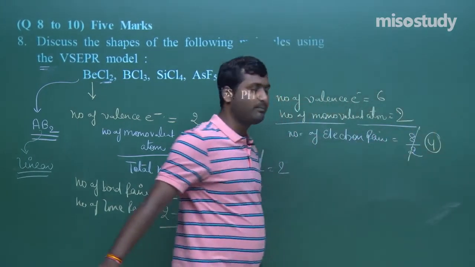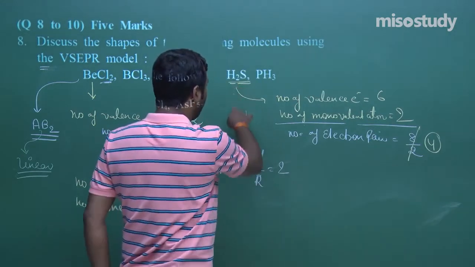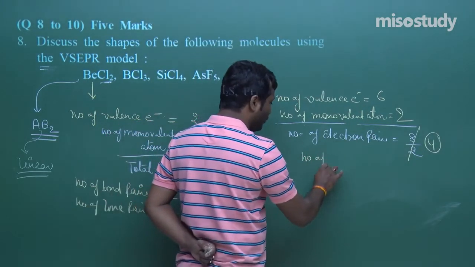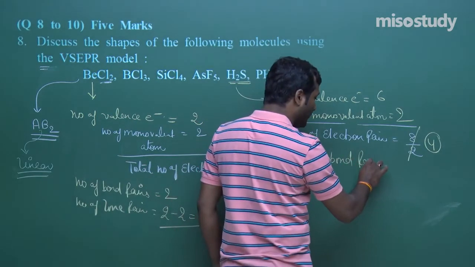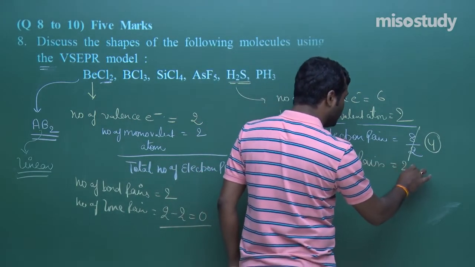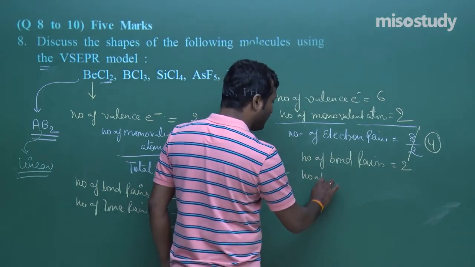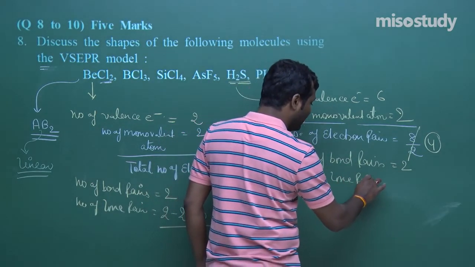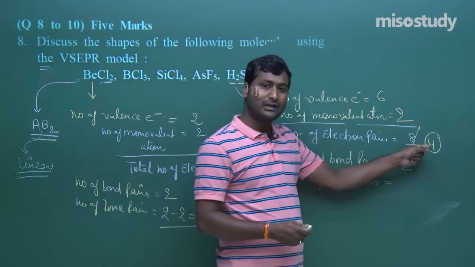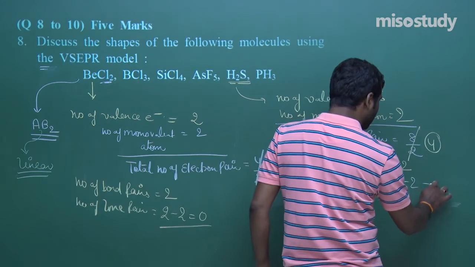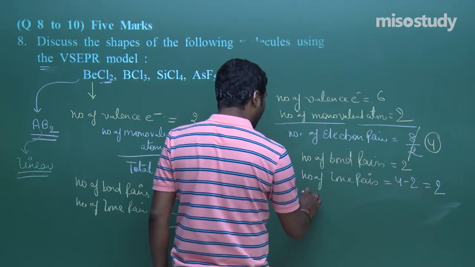Number of electron pairs is 4. So how many bonds are there? 2 bonds. So the number of bond pairs will be equal to 2. So the number of lone pairs, my friend, tell me. Number of lone pairs will be the number of electron pairs, 4 minus 2, that is 2. So what is the formula?